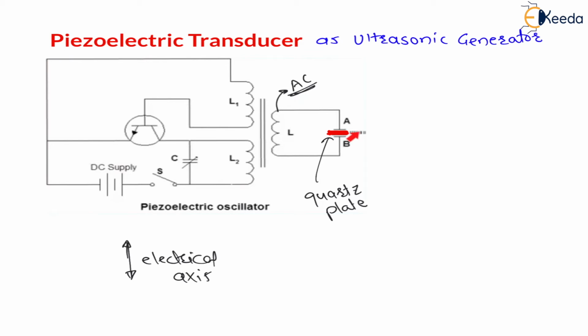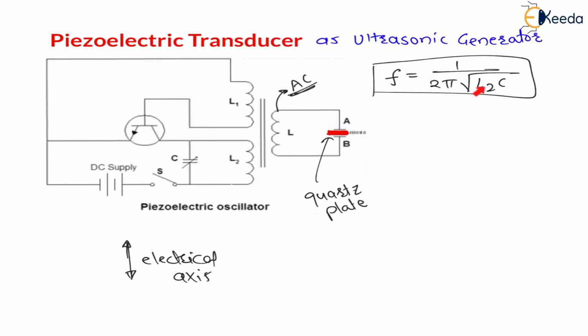Here you can see these are the sound waves traveling in space, and the frequency of vibration of this quartz plate is calculated as f equals 1 upon 2 pi square root of L2 C. This is the formula to calculate the frequency of vibration. Here L2 is the inductance and C is the capacitance, right? This is the frequency of vibration in hertz.